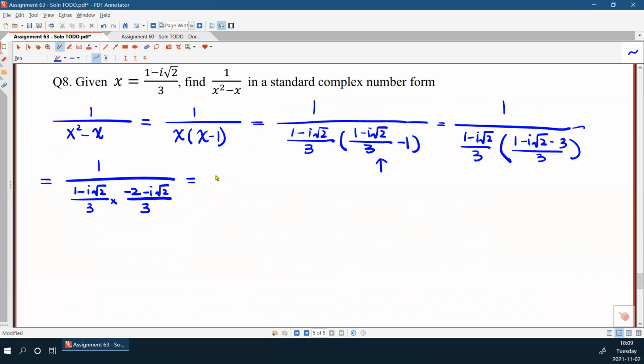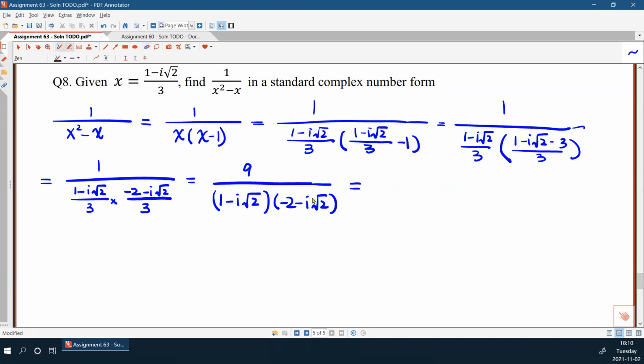Okay, so we can multiply both the numerator and denominator using a 9, right? This will cancel the denominator here, which will give us 1 minus I times square root of 2 times minus 2 minus I times square root of 2.